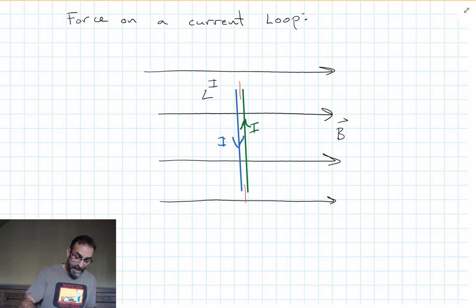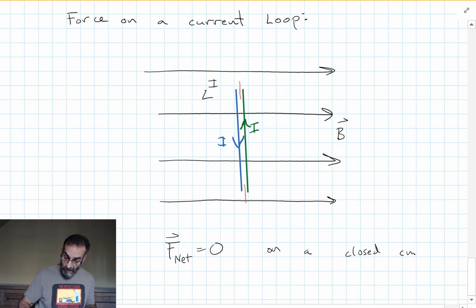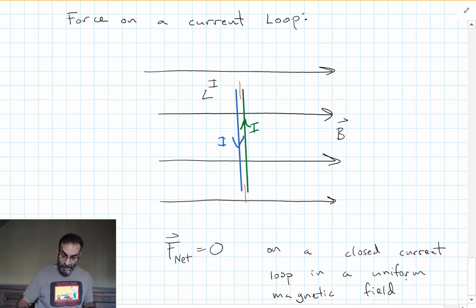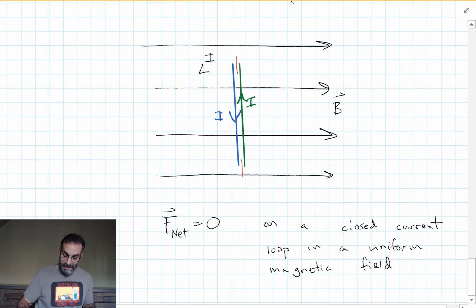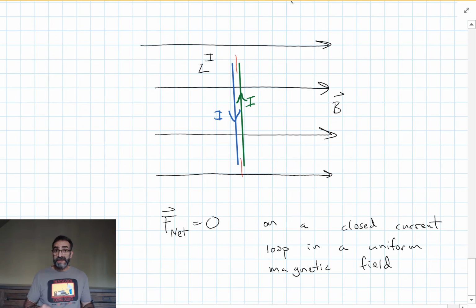So for any current loop, our net force has to be 0. The net force has to be 0 on a closed current loop in a uniform magnetic field.